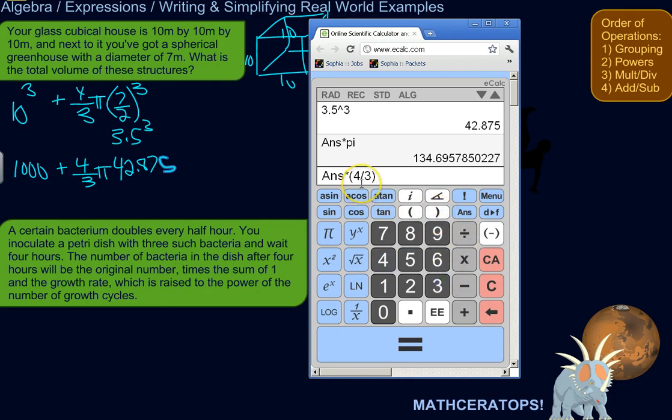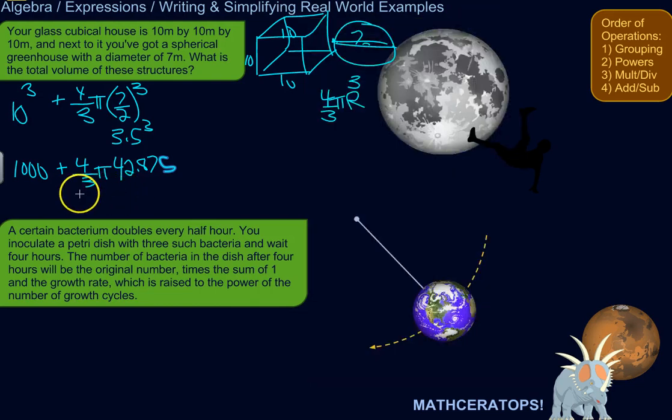Or you can do 4 divided by 3 first and multiply that by pi times 42.875. So we've got 179.59. I'm going to round it to 179.59. We've got 1,000 plus 179.59.